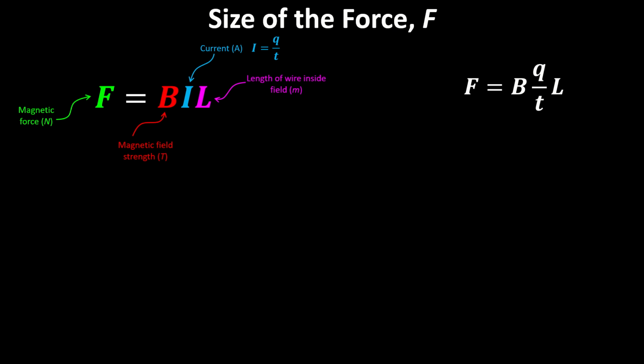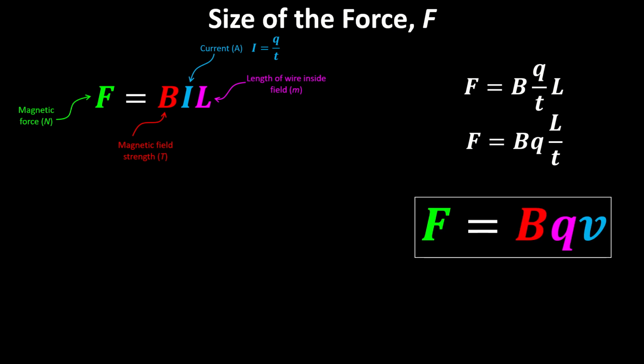Now, I can rearrange that slightly. Instead of dividing Q by T, I've divided L by T, the length. So now I'm dividing a length, how far it travels, by time. That's a distance divided by time. Distance divided by time is a speed, okay? So this gives us a formula for the magnetic force on a moving charge in a magnetic field.